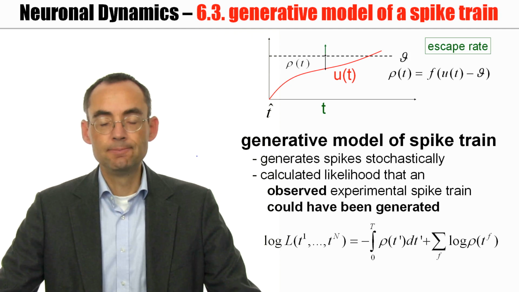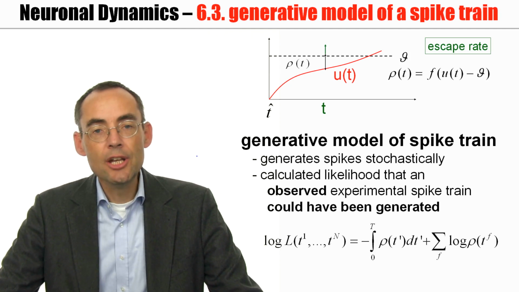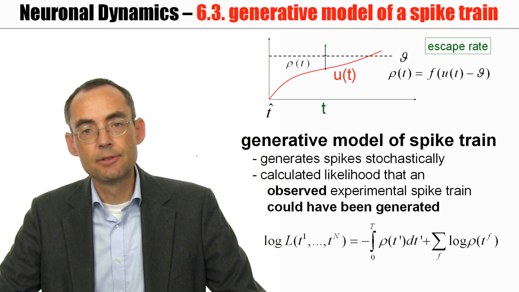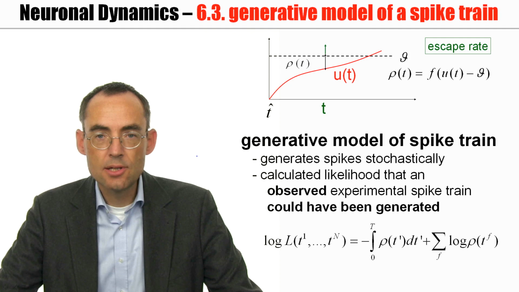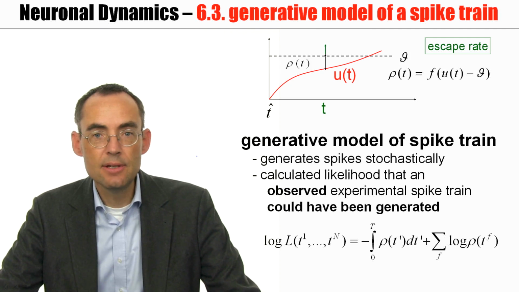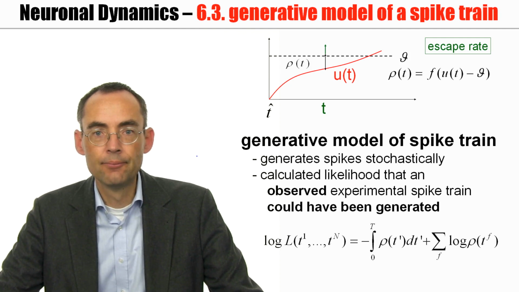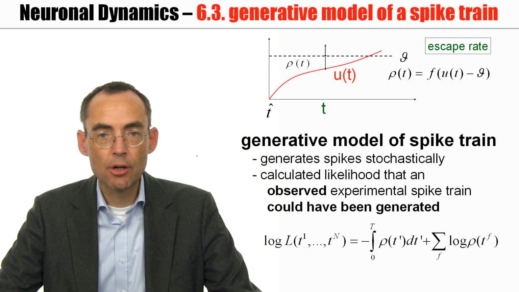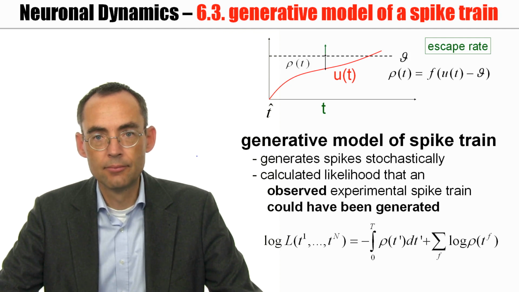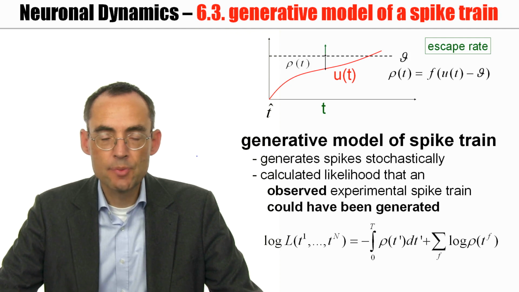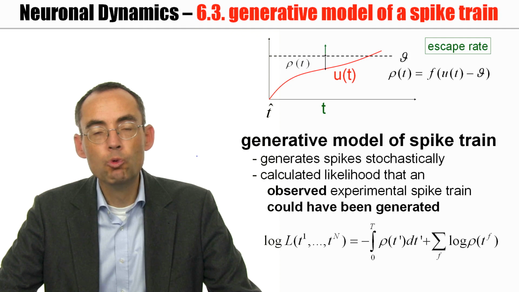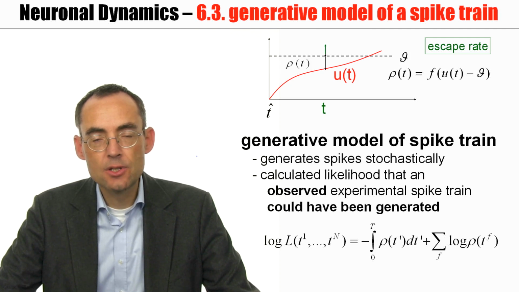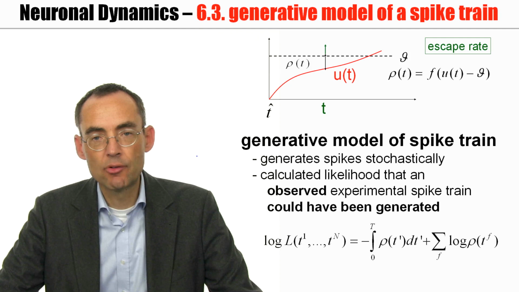Let me summarize this. An integrate-and-fire model with escape noise can be seen as a stochastic spike generator, a generative model, a model that can generate spike trains. If you have observed a spike train, we can ask, what would be the likelihood that this spike train could have been generated by my model?